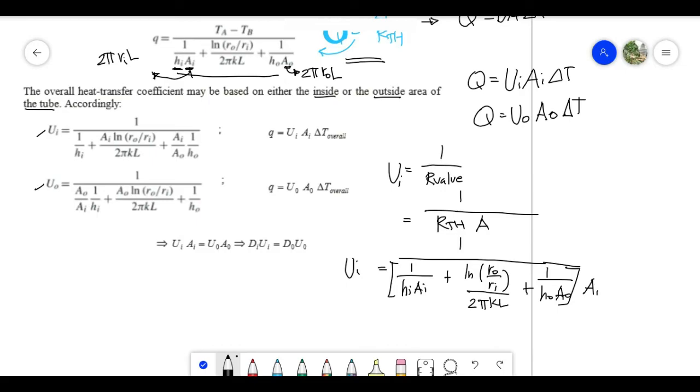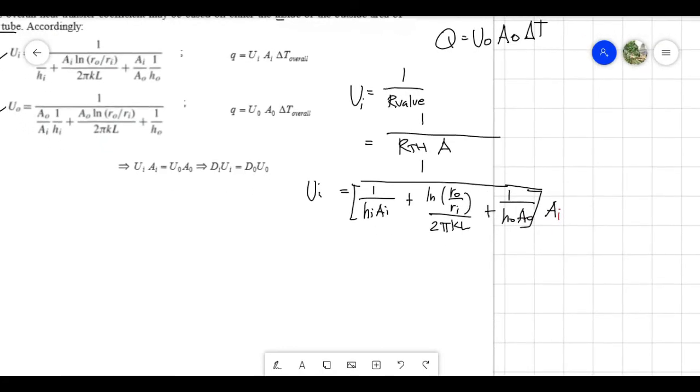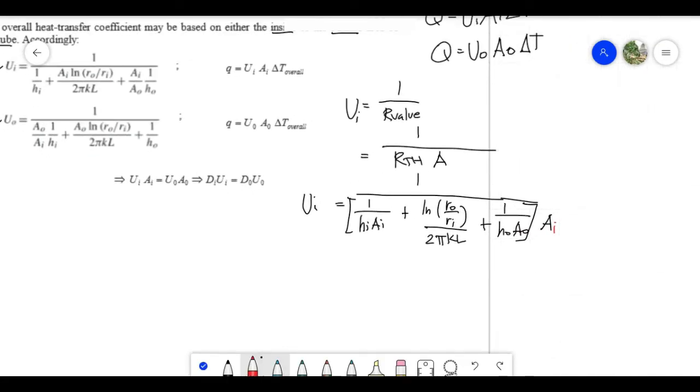Okay? Gawin natin red para makita natin na multiply natin sa inside area. So kung i-cancel out natin yung inside area, kita natin na magka-cancel out dito. Dito, walang magka-cancel out. Dito rin sa third term, wala rin.